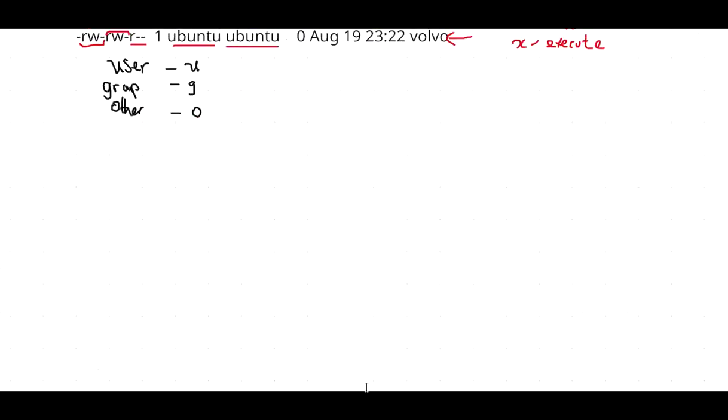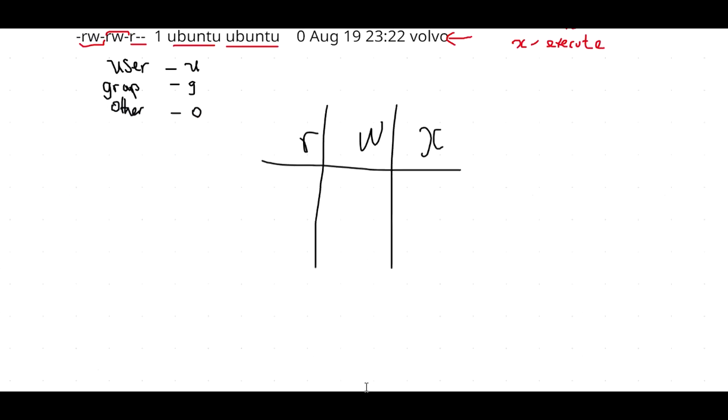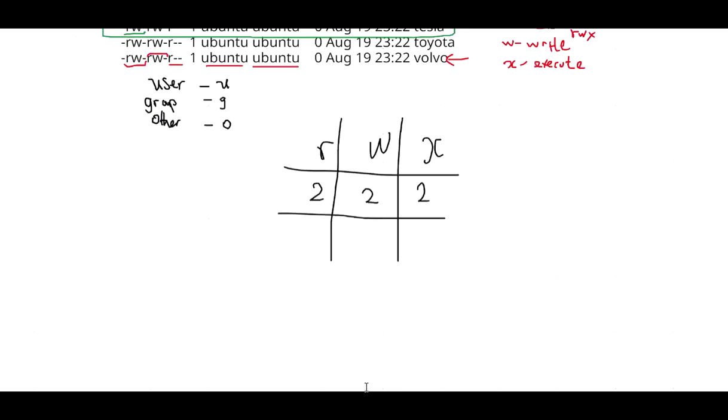Yes. Read, write, execute. So 2 to the power of 0, 2 to the power of 1, 2 to the power of 2, simple binary. Anything to the power of 0 is 1. Anything to the power of 1 is that thing. 2 raised to power 0 is 1.